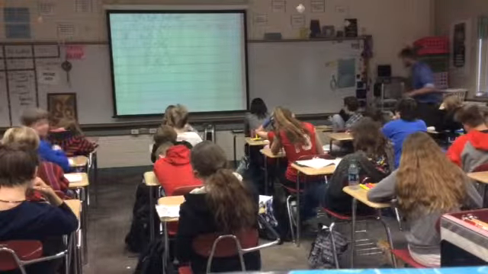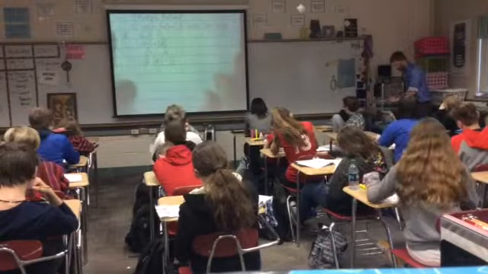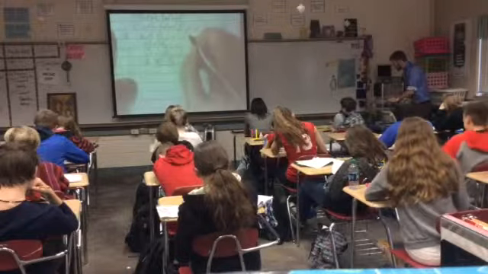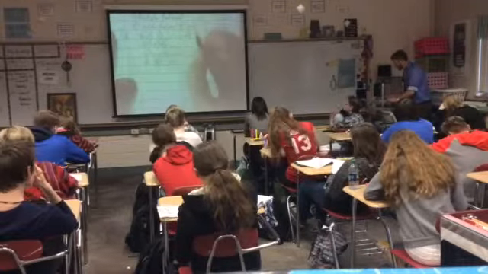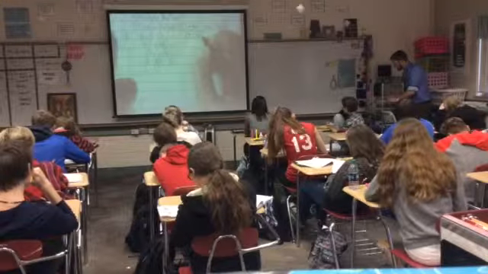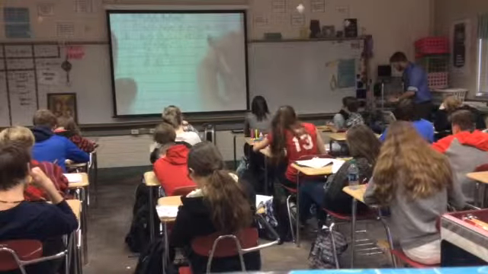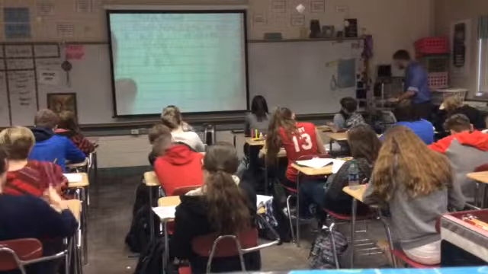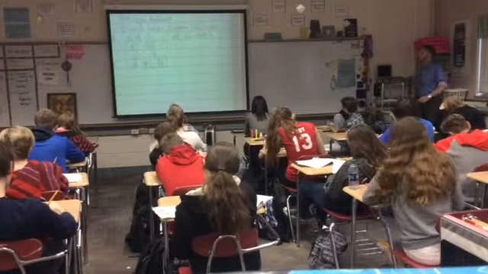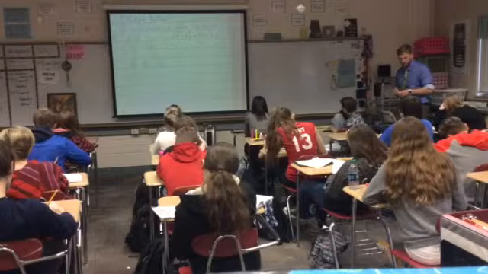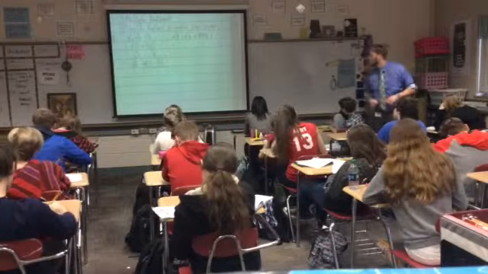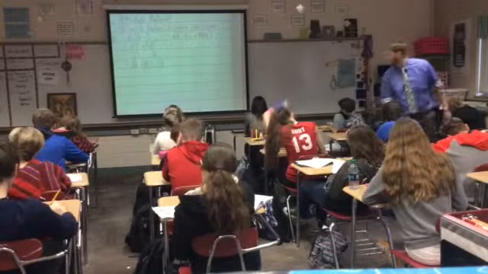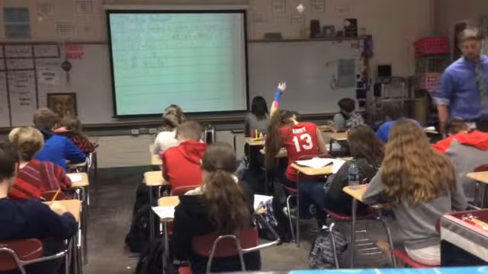Let's try another one. Let's say we had the square root of 5 times the square root of 10 plus 4 square root of 3. So now we have square root of 5 times the square root of 10 plus 4 square root of 3.